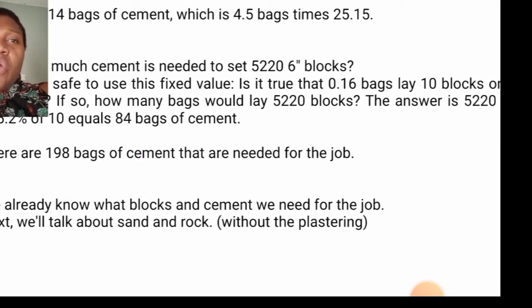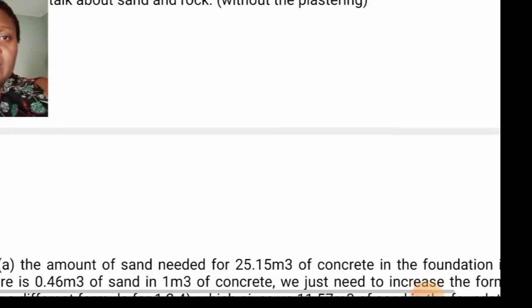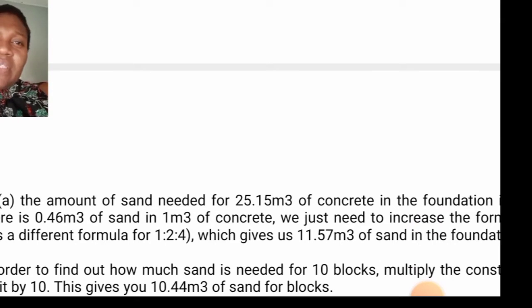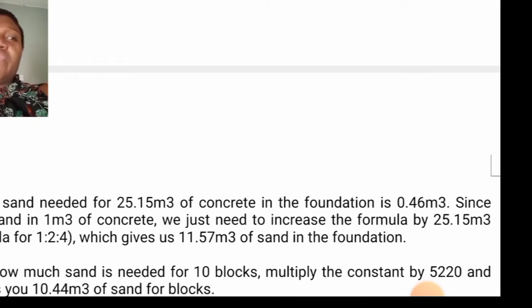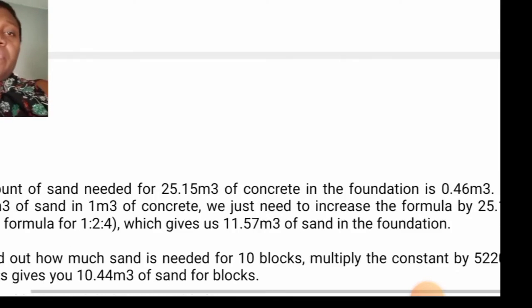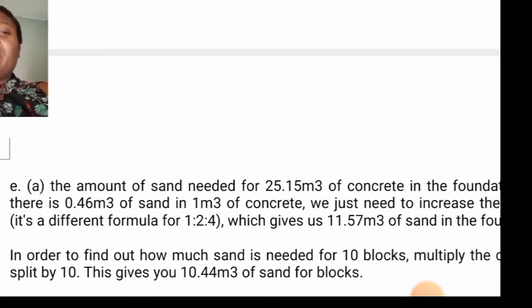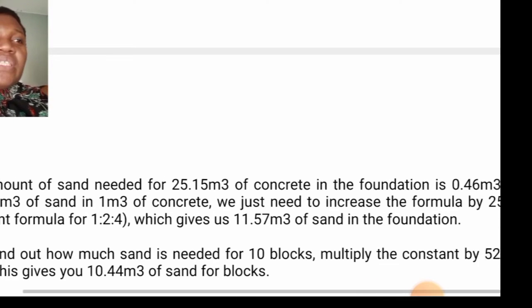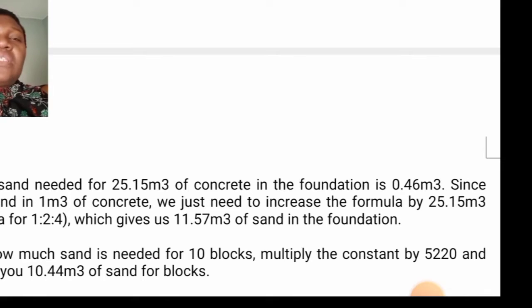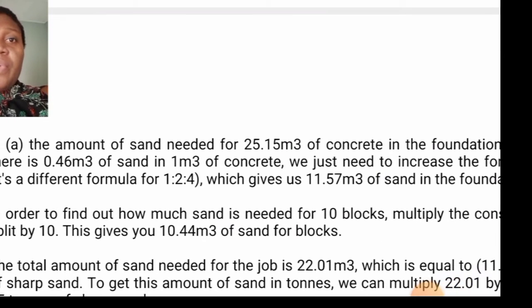So we already know what blocks and cement we need for the job. Next, we'll talk about sand and granite. Firstly, the amount of sand needed for 25.15 meter cube of concrete in the foundation: there is 0.46 meter cube of sand in 1 meter cube of concrete, so we just multiply by 25.15 meter cube.